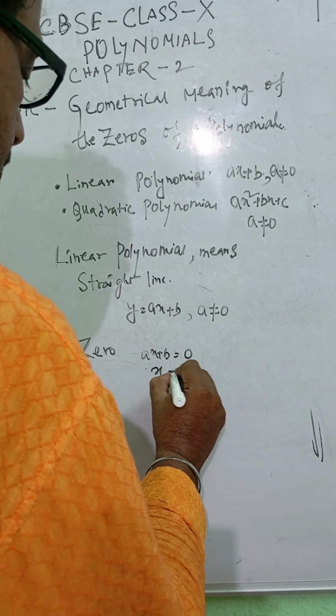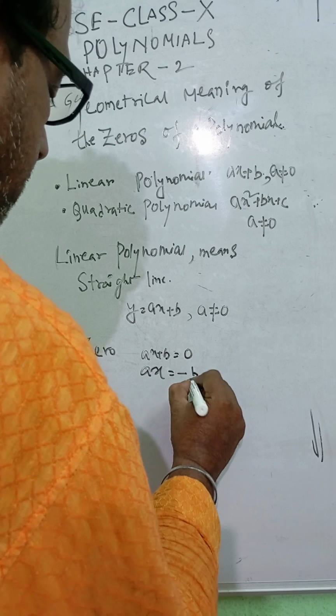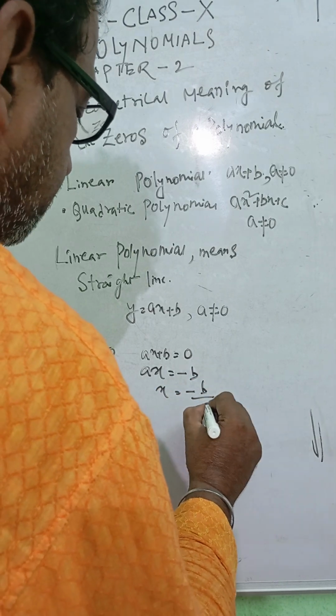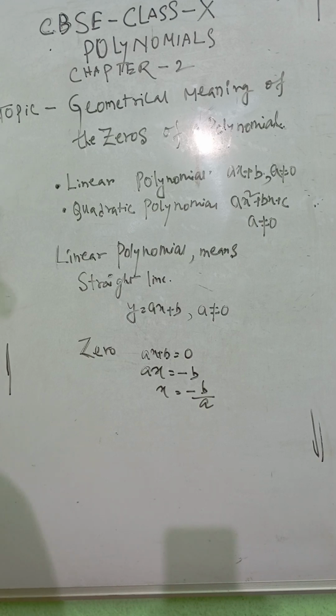Then ax is equal to minus b, that is x equals minus b by a. That is minus constant by coefficient of x.